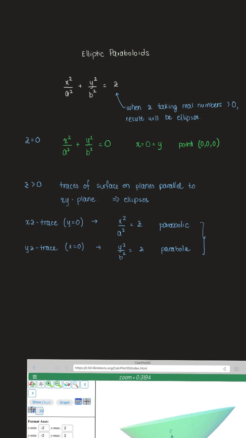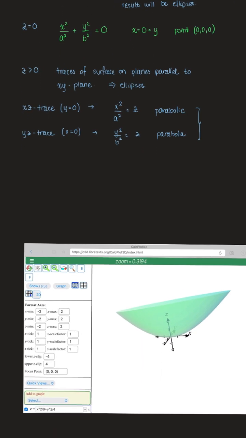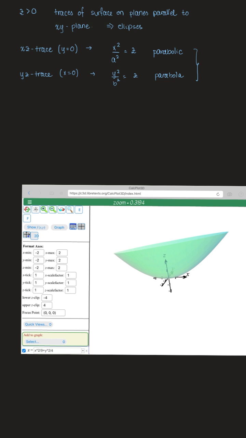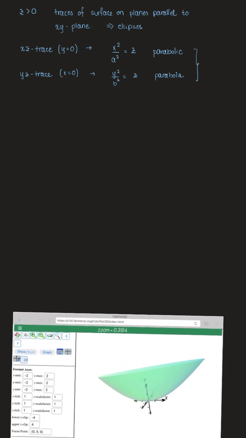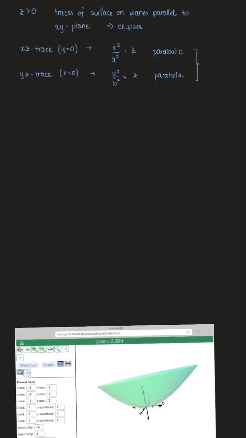So let's take a look at a specific example. We'll also graph it to just make sense of these ideas that we just discussed. And I'm going to move the CalcPlot3D visual a little bit lower so we can work algebraically first on our surface. All right, so let's suppose the example we're going to look at is as follows.